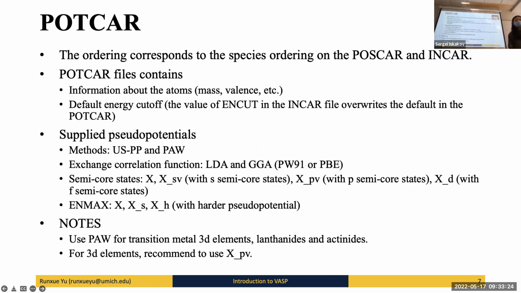Actually, what does harder pseudopotential mean? That means it is very hard to cut. For example, if you have CO, carbon monoxide, then it will have a very strong bond between them, and you will use the hard pseudopotential here. But if we are considering the lattice, we almost never use this. Oh, okay.